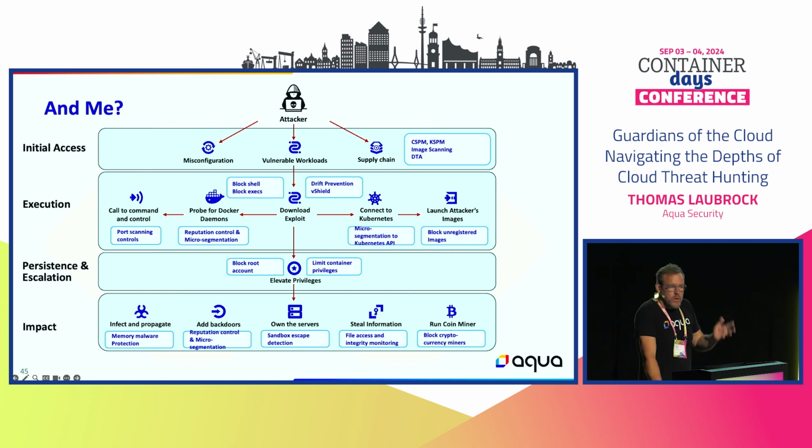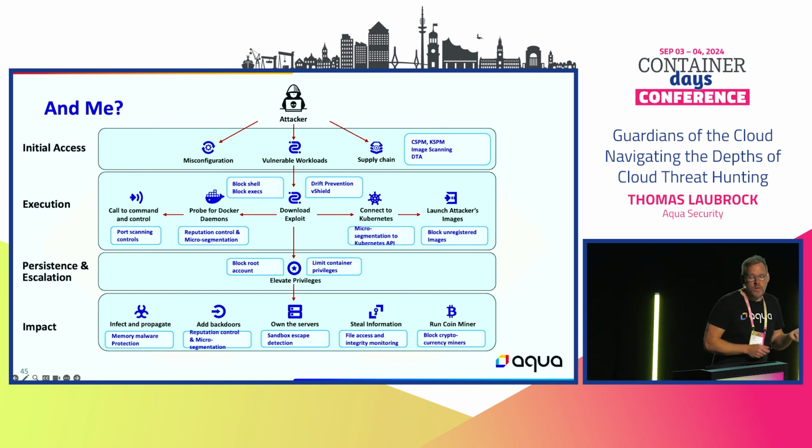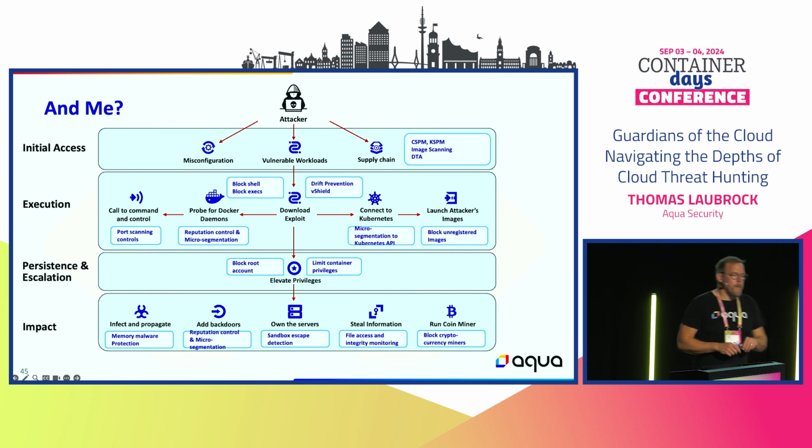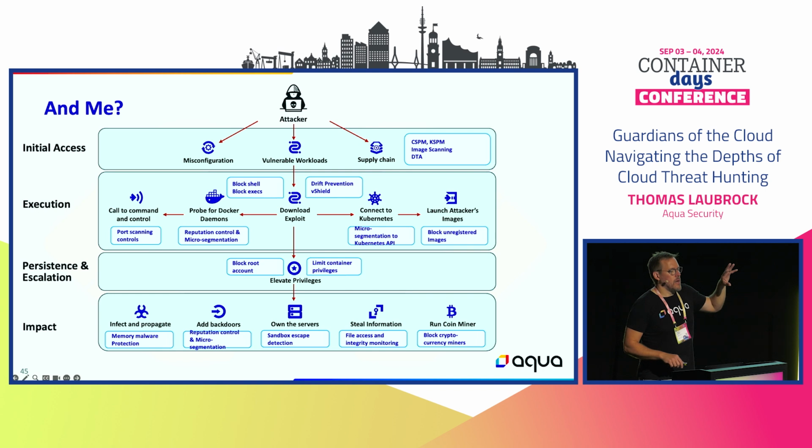Or if you can't block, monitor these kinds of events, because this could be a trigger that someone is doing nasty things in your environment. Of course, do network segmentation, or segmentation in namespaces and so on, to make sure that if something goes south, it is encapsulated in as small an area as possible.